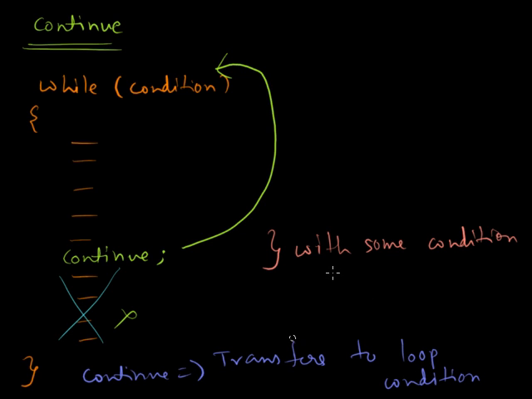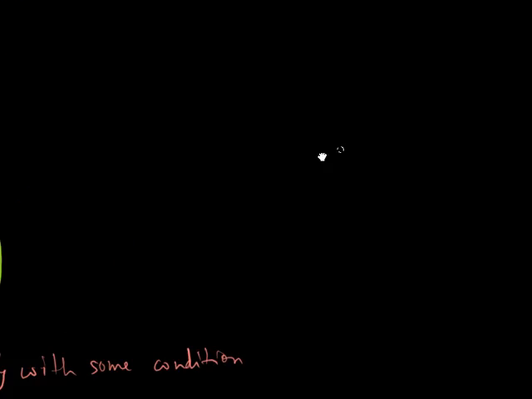Let us now look at what is goto. Now goto is very simple. Let's assume that you have a lot of statements in your program. Let us write those statements S1, S2, S3, S4, S5. Now what you want to do is skip these three statements S4, S5, S6.